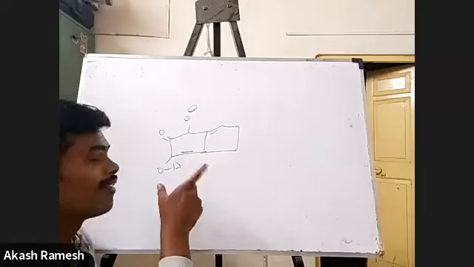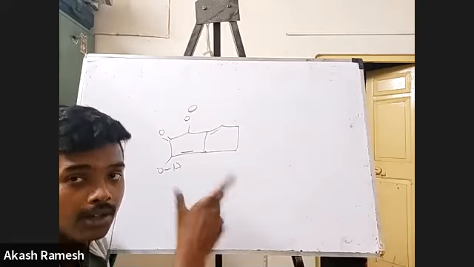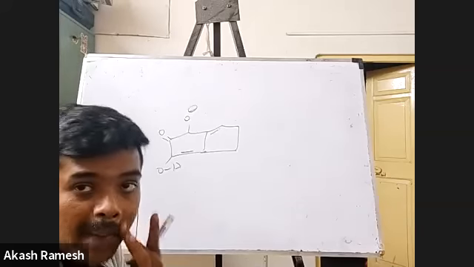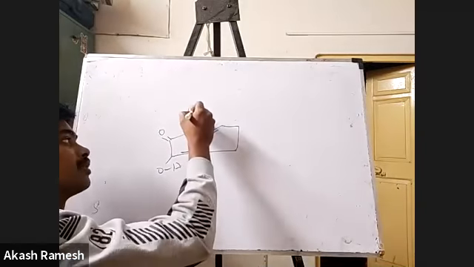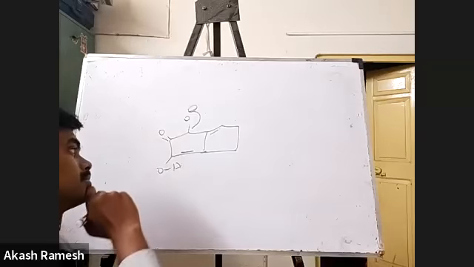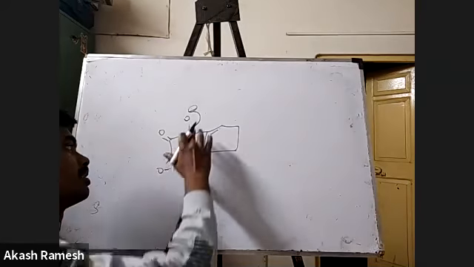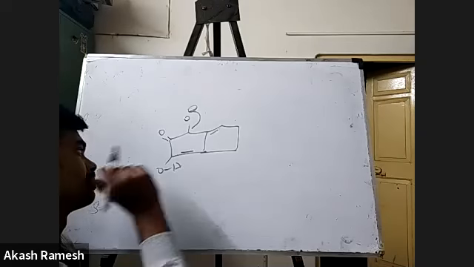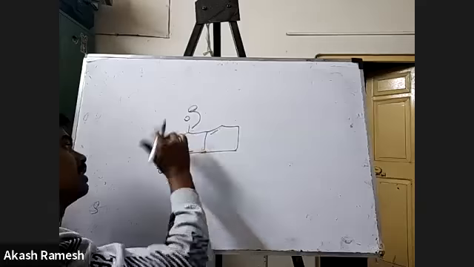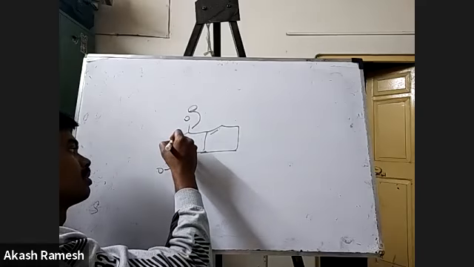Whenever you have alternate double bonds and single bonds, you will know that resonance is going to happen. Now if I check for this, what will be the first step? This doesn't have any resonance. Actually, wait, I'll tweak the structure a little.